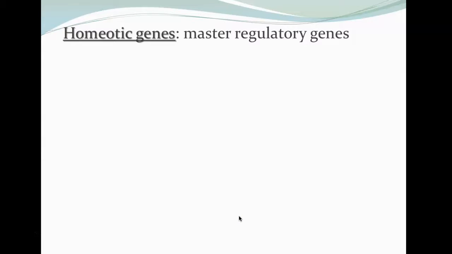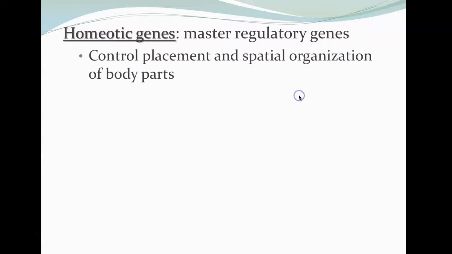Next thing I want to jump to is, I have to mention the homeotic gene, because the homeotic gene and what's called the homeobox are used as evidence for evolution. So remember, we talked about the homeotic gene. I showed you the picture of the fruit fly that had the leg coming out of its head. Homeotic genes are master regulatory genes that control placement and spatial organization of body parts.